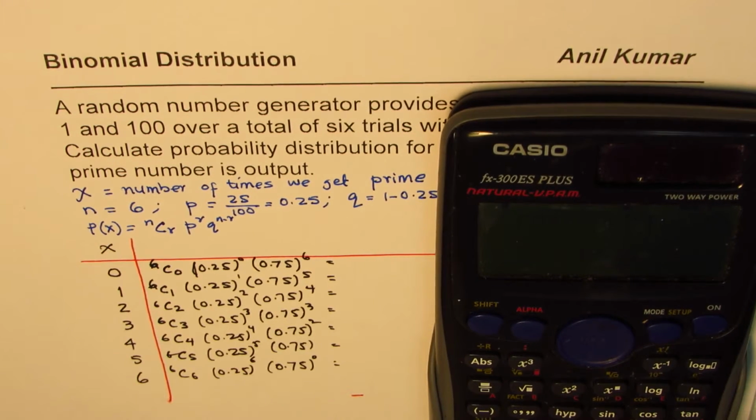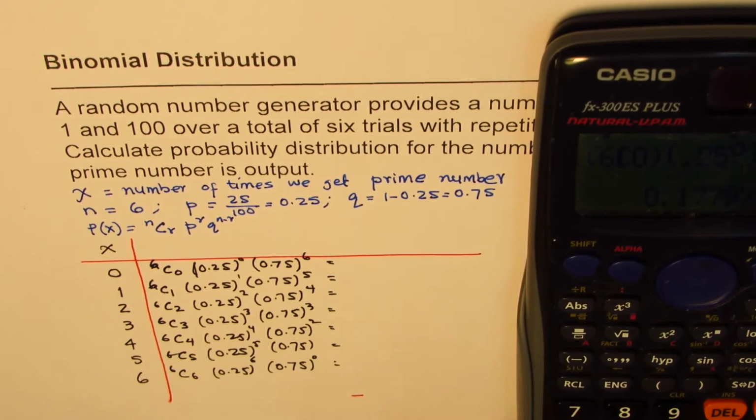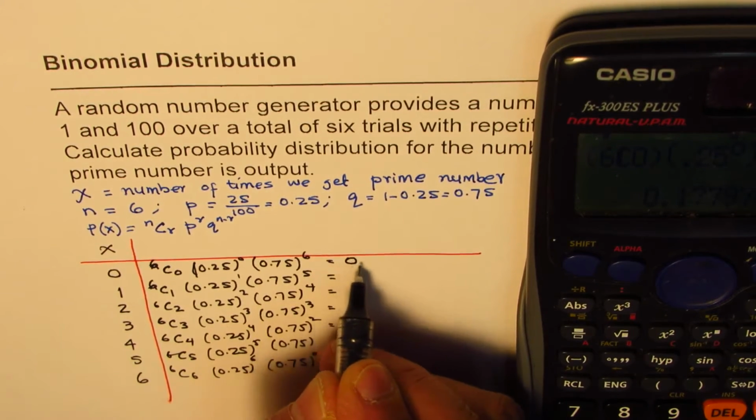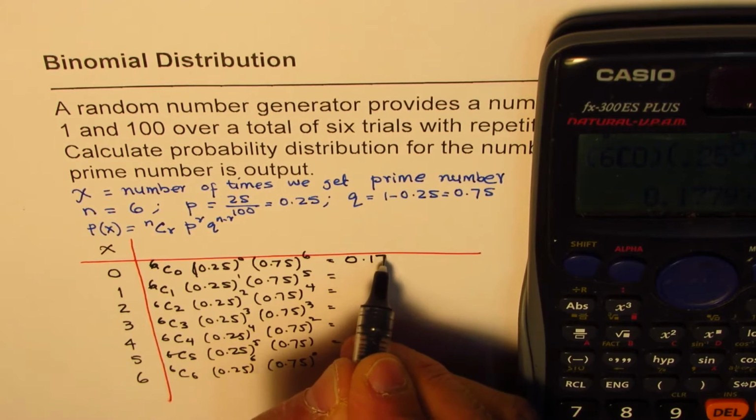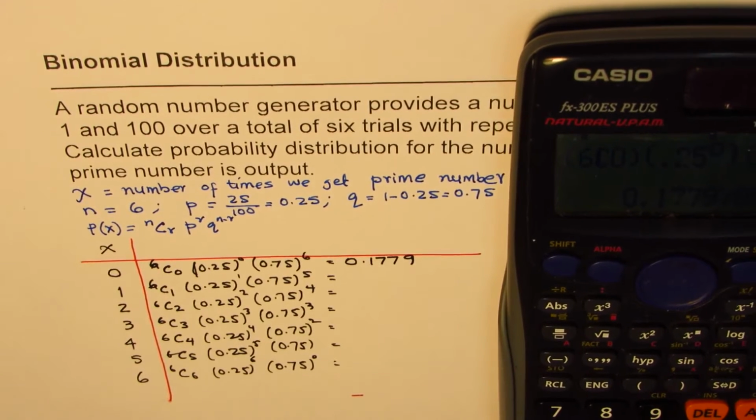I will write the decimal values, truncating the value to the 4th decimal place. So it is 0.1779. We're just truncating, not rounding, okay?